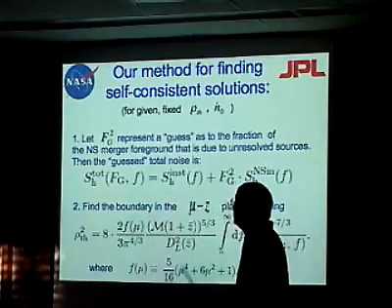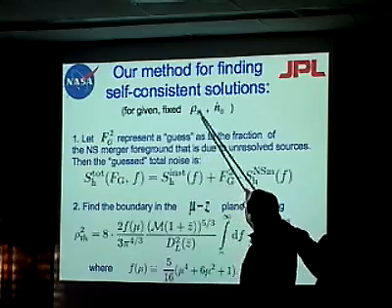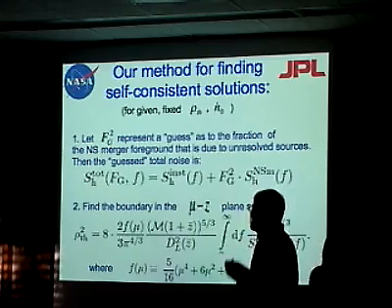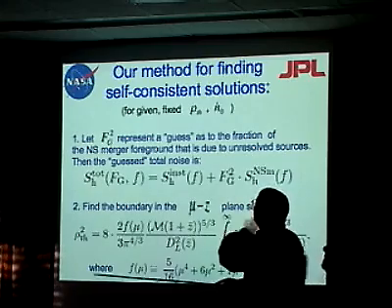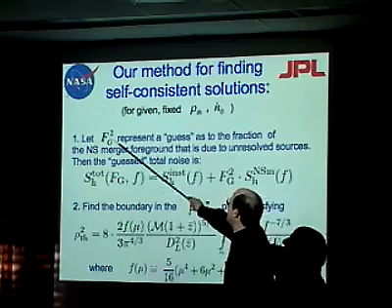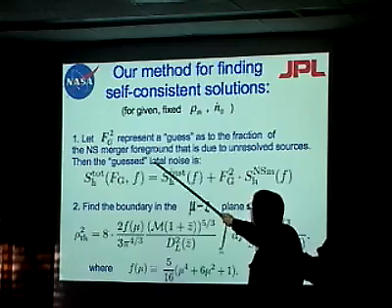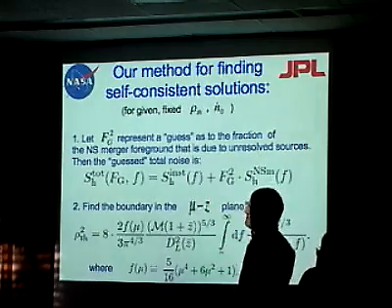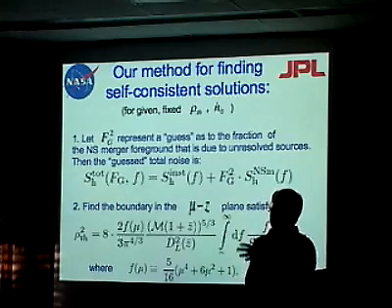I fix for now some rho theta, say 20 or 30 or 40, and some n naught dot, say 10 to the minus 7. I fix that for the calculation. And I make a guess of fg squared, the fraction of the foreground that's too far away to be resolved: 10%, 1%, whatever.